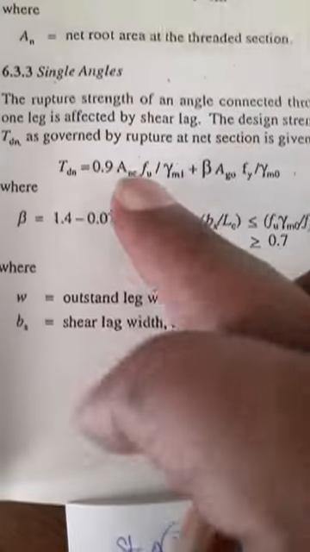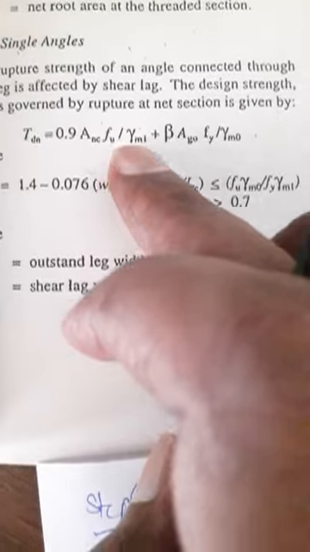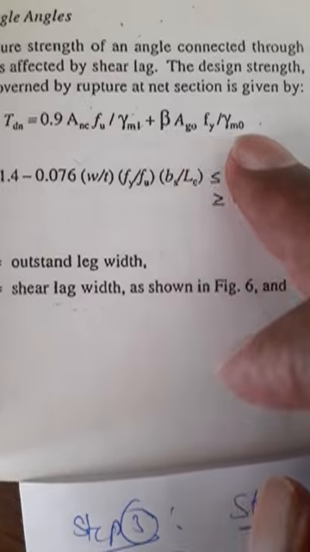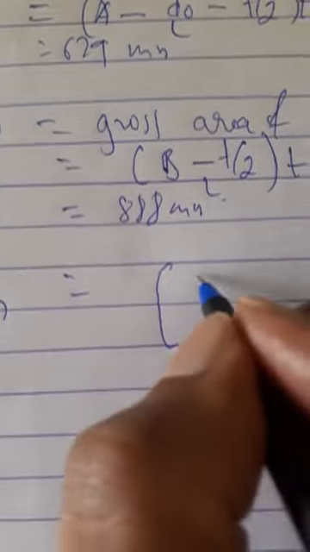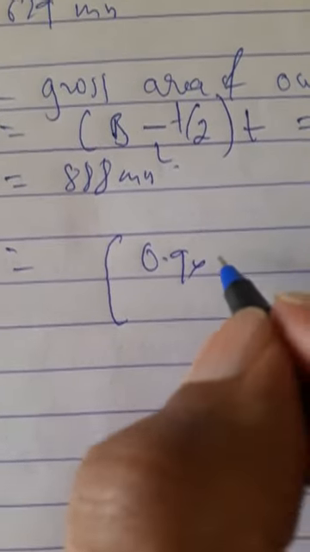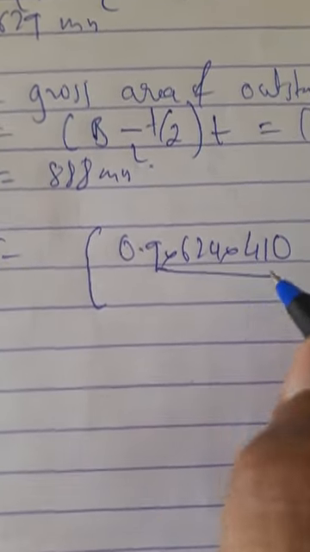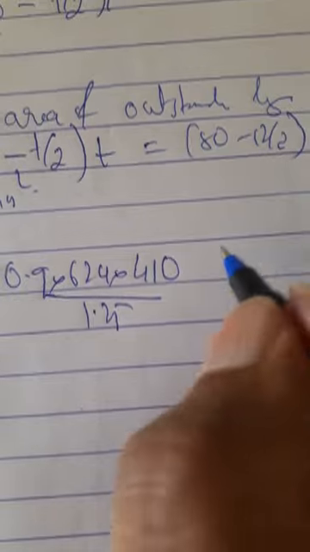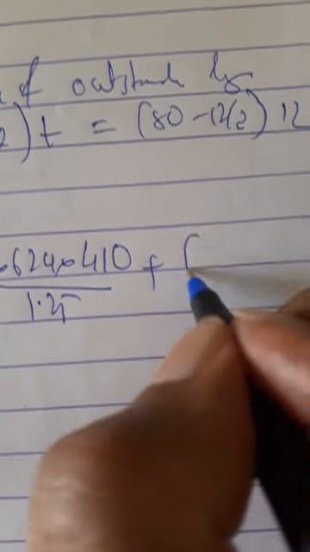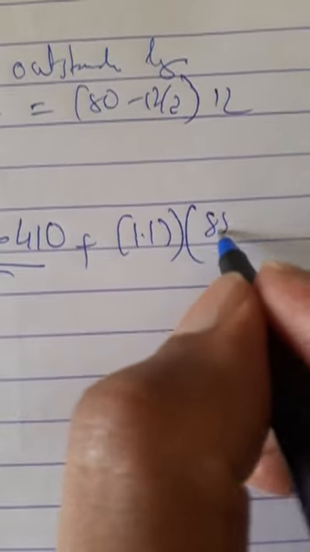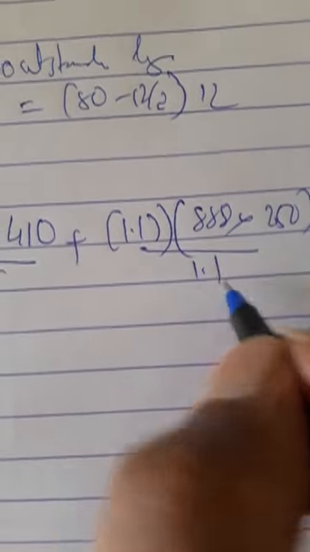Now I have the equation for Tdn: 0.9 Anc Fu by gamma m1 plus beta Ago Fy by gamma m0. So substitute all the values: 0.9 into Anc 624, Fu 410 divided by 1.25 gamma m1, plus beta 1.17 into Ago 888 into Fy 250 divided by 1.1.